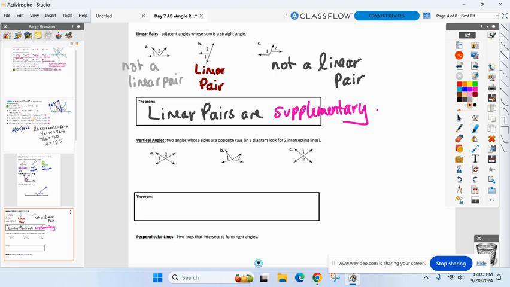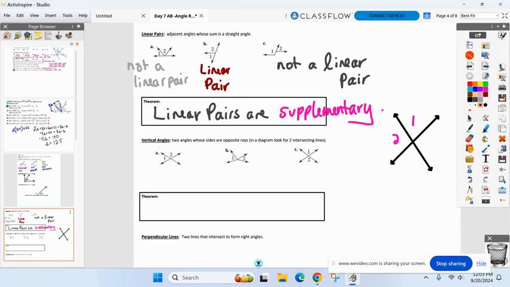When I did that, how many angles did I form? 4. Yeah, everyone's in agreement. Absolutely, 4. The ones that are opposite each other are the vertical ones. So that would be what in this case? Give me one pair of vertical angles. Go ahead, Cameron. 1 and 3. 1 and 3. And also 2 and 4.